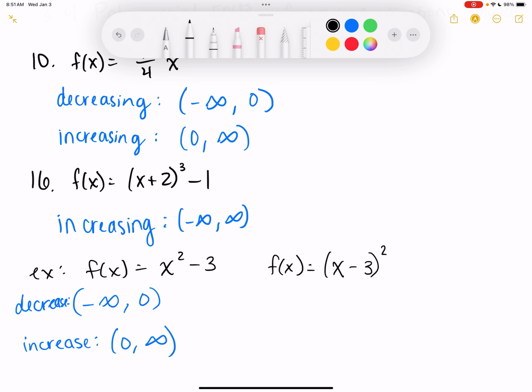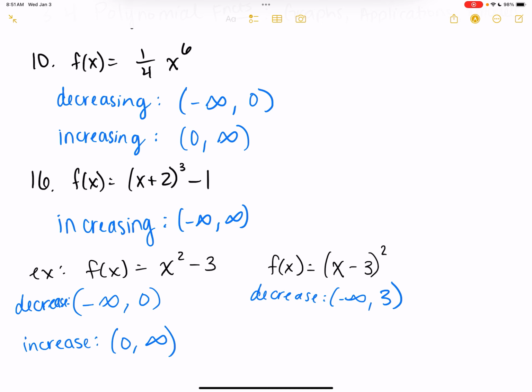So this one now got shifted to the right 3, so that means that I am decreasing from negative infinity all the way over to 3. And then I'm increasing from 3 to infinity.